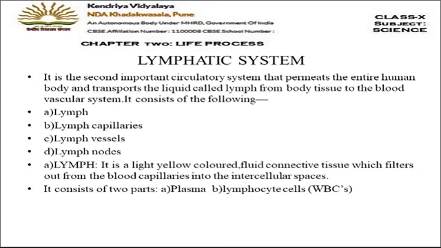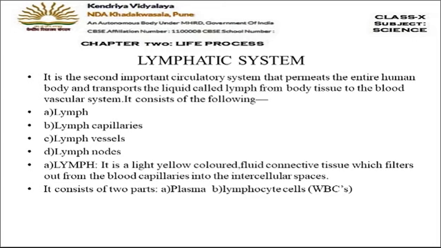Now what comes out from the capillaries? From the blood, plasma filters out, some of the WBCs also filter out, and some proteins also filter out and get collected in between the spaces of the cells, and this light yellow colored fluid is called the lymph. Now where will this lymph go? It is a part of the blood, so it has to be combined with the blood again.